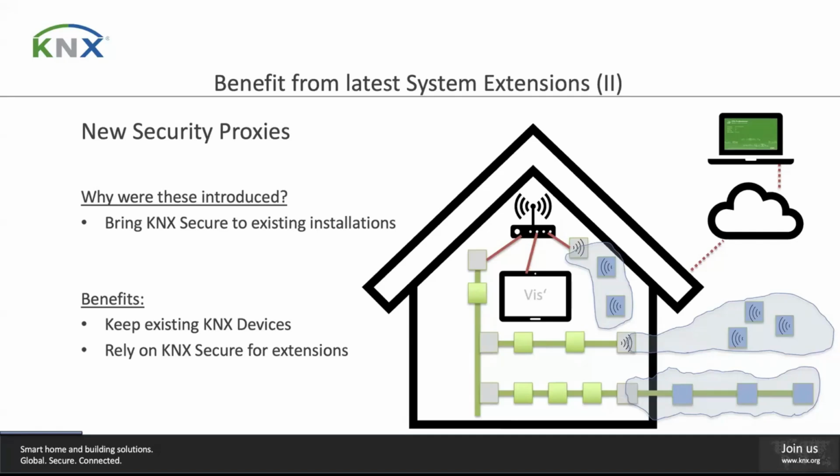But the coupler is going to translate the telegrams that go through and either add security to them or take the security away as needed, so that you can still have secure communications where you're able to have them.